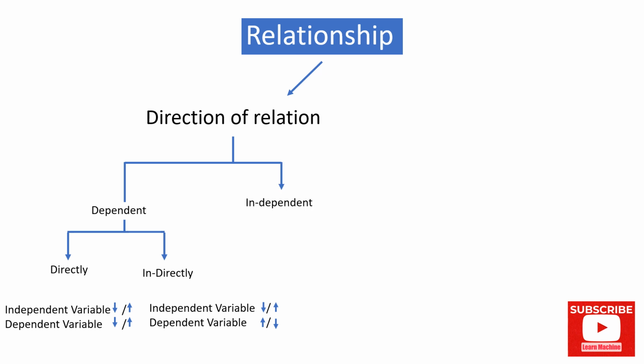And then there can be independent relationships as well. In an independent relationship, both the variables which we are focusing on are not at all connected to each other. If I change one variable, it won't impact the other variable. For example, it can be the company where I work.